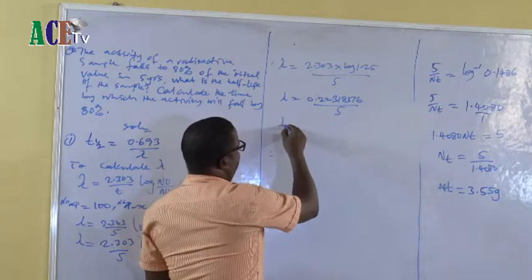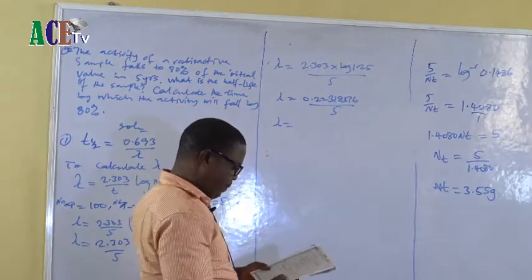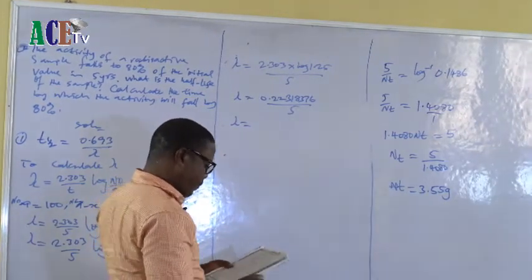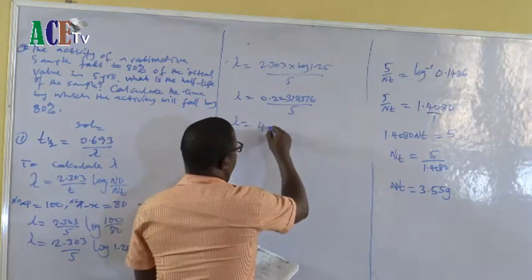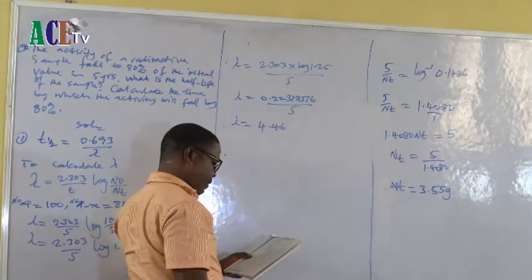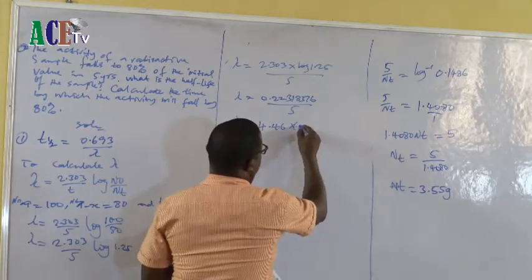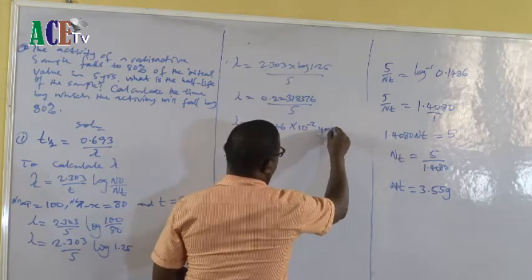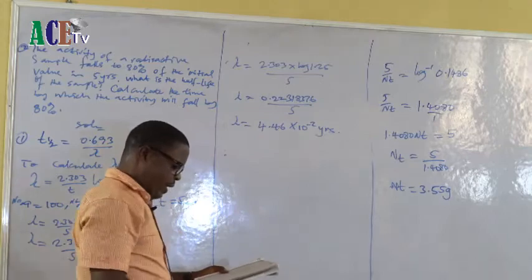Now our lambda is equal to 4.46 times 10 raised to power minus 2 per year. So that is our lambda.